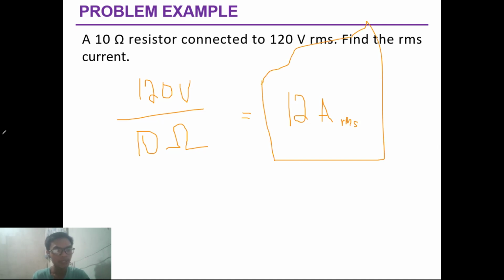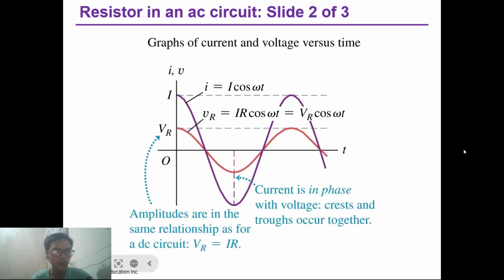So does a resistor care whether voltage is DC or AC? What do you think? We have here a graph of current and voltage versus time. Graphically, the voltage and current waveforms overlap perfectly for a resistor. Peaks and zero crossings occur at the same times.